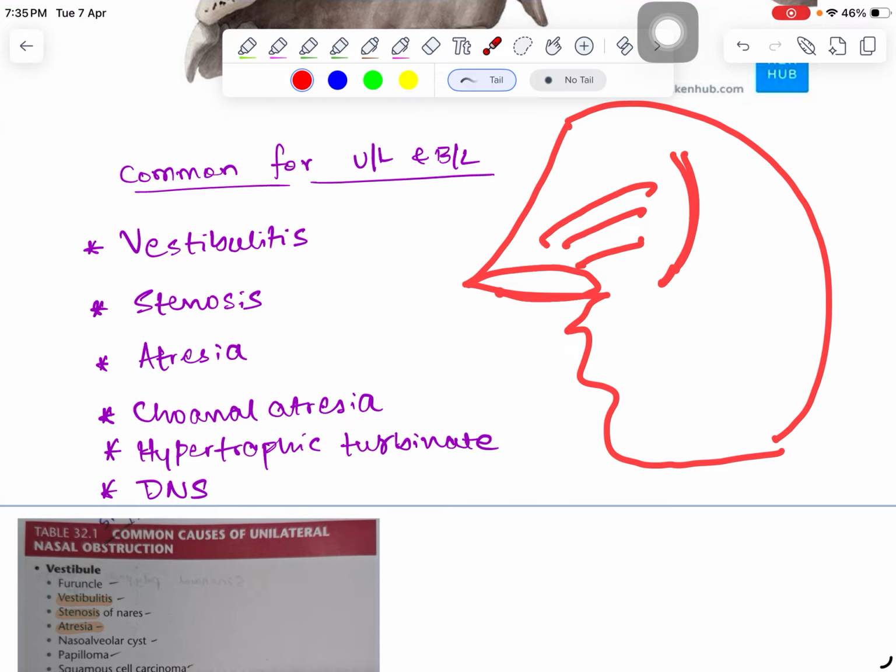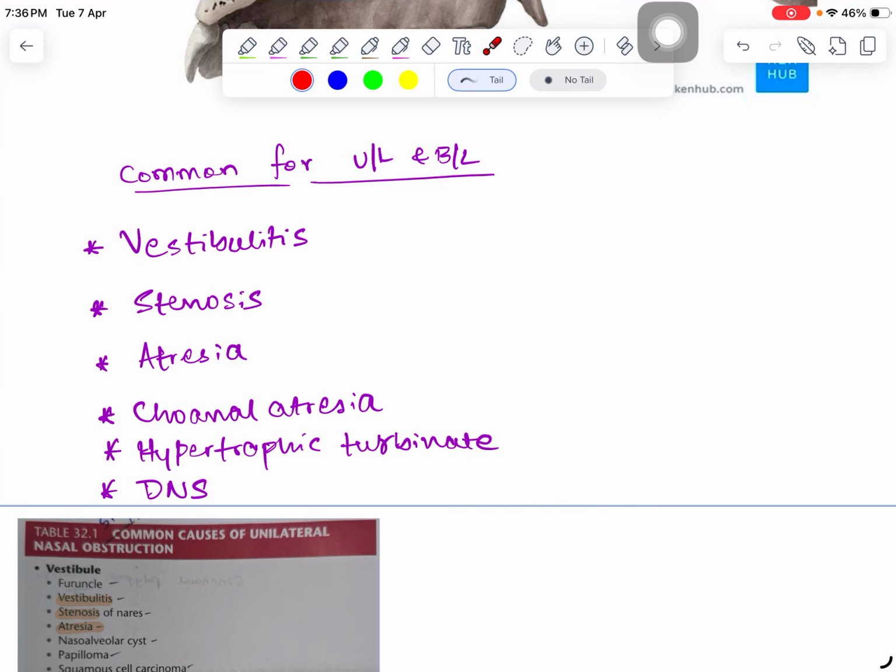Suppose this is the vestibule, the inflammation of this is called vestibulitis, and slowly it will become narrower, called stenosis, and it will get completely blocked, called atresia. And this blockage is choanal atresia, and this blockage is hypertrophic turbinates. Because of this the middle cavity also gets blocked. And then we have DNS. Now you will remember the common causes of unilateral and bilateral.